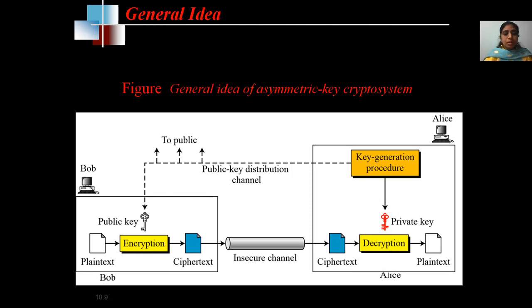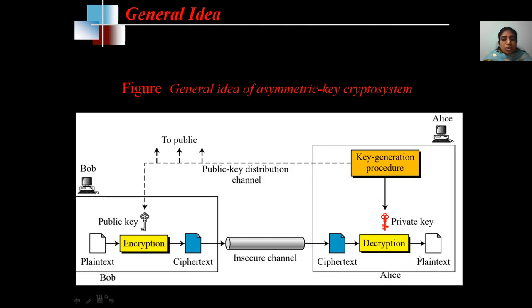Using that, Bob encrypts and forms the ciphertext, and using the secure channel we send that ciphertext to the decryption end. At the decryption end, Alice uses her private key, decrypts the data and sees the plain text.